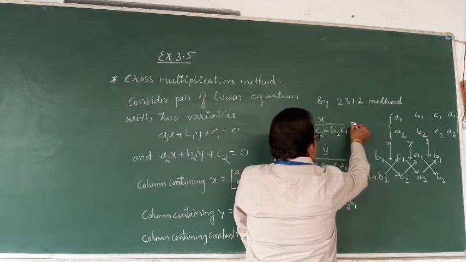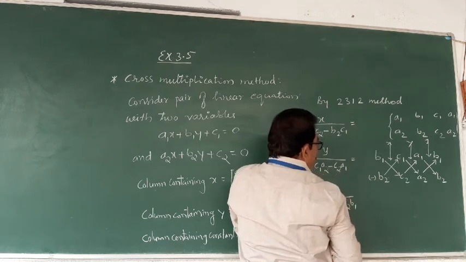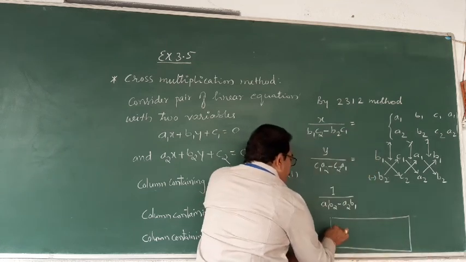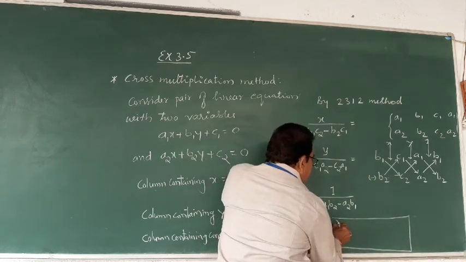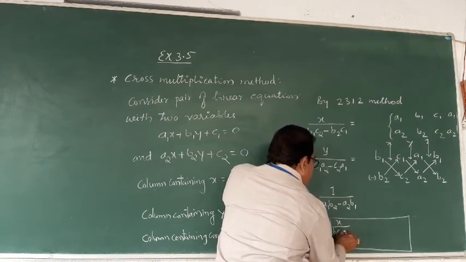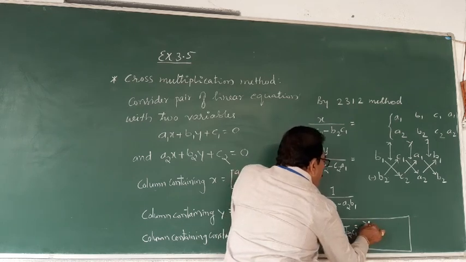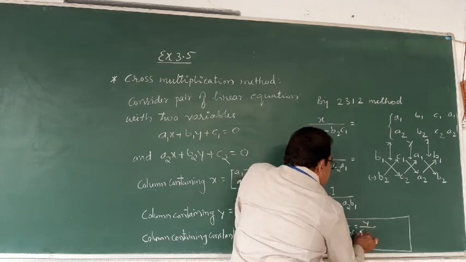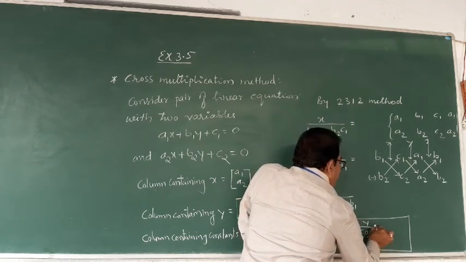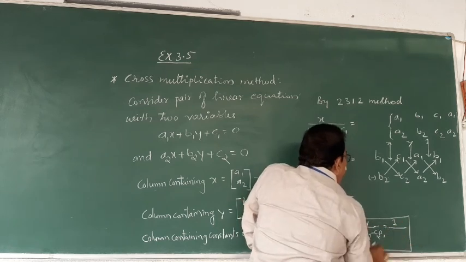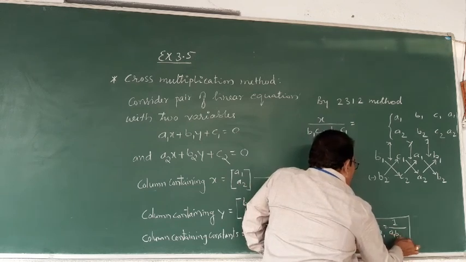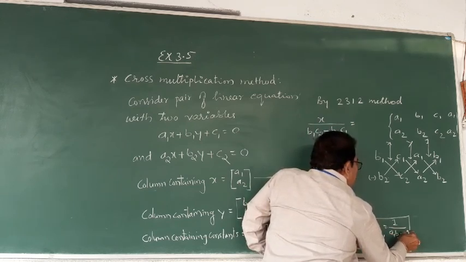All these are equal to each other. So the overall formula for the cross multiplication method is x divided by b1 c2 minus b2 c1 equals y divided by c1 a2 minus c2 a1 equals 1 divided by a1 b2 minus a2 b1.